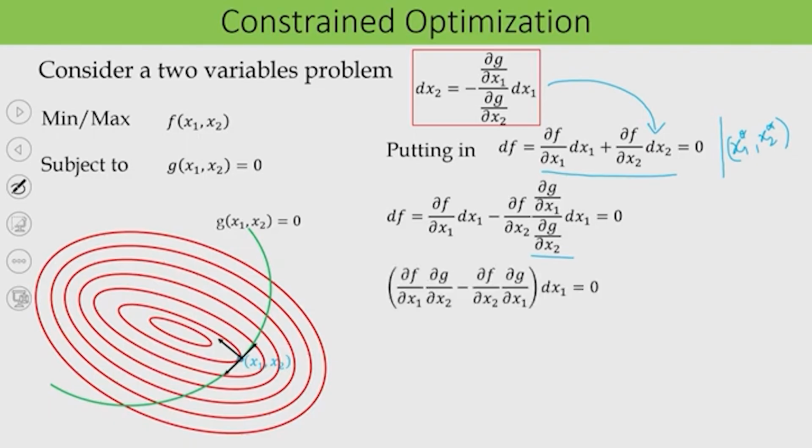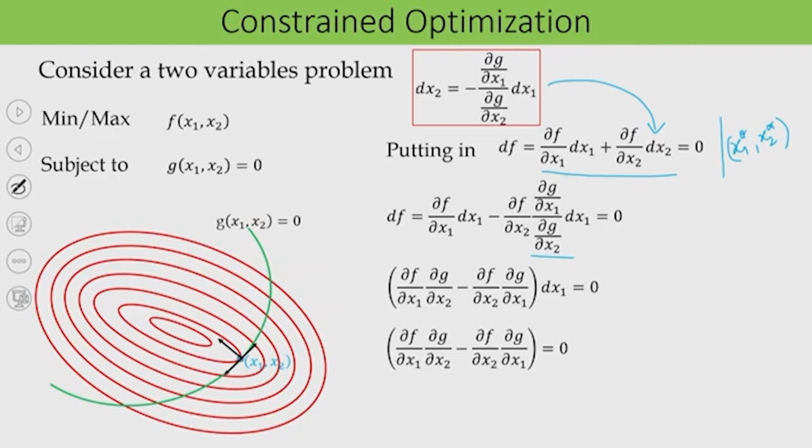I can further simplify it and get del f by del x1 into del g by del x2 minus del f by del x2 into del g by del x1, into dx1 equal to 0. As dx1 is not 0, this portion should be equal to 0.